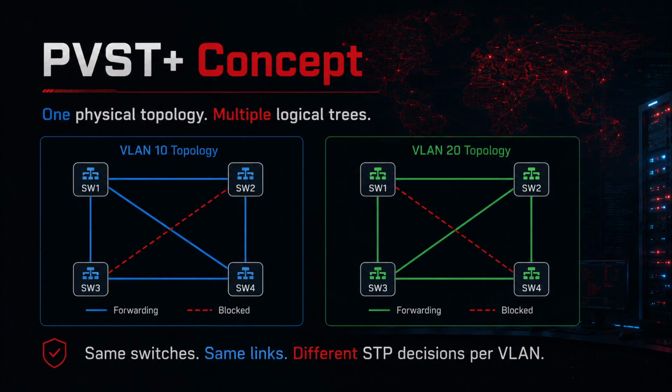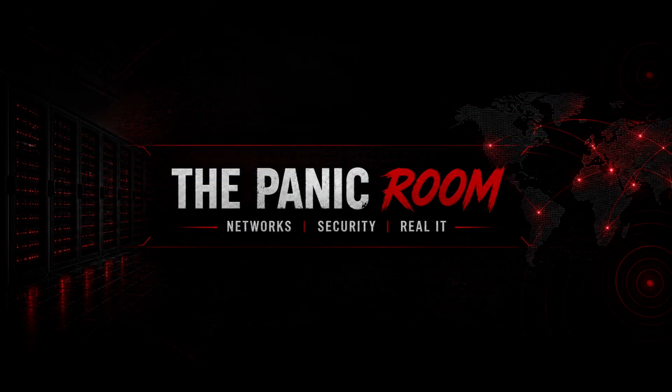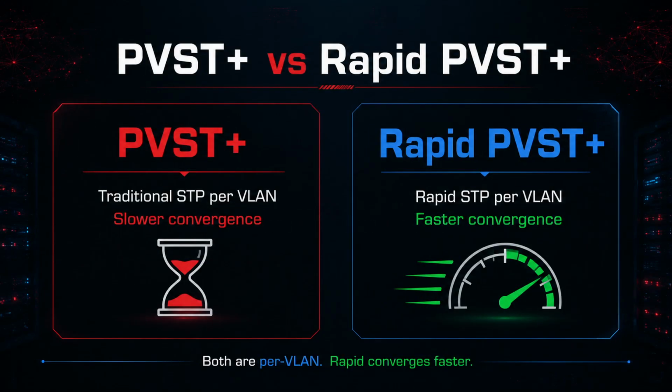Now let's separate two terms that are easily blended together: per VLAN spanning tree and rapid per VLAN spanning tree. Per VLAN spanning tree uses traditional spanning tree behaviors per VLAN, whereas rapid per VLAN spanning tree uses rapid spanning tree behaviors per VLAN. So both are per VLAN.